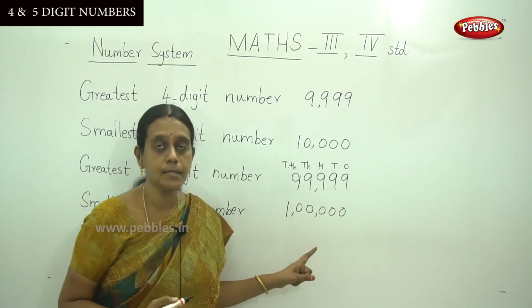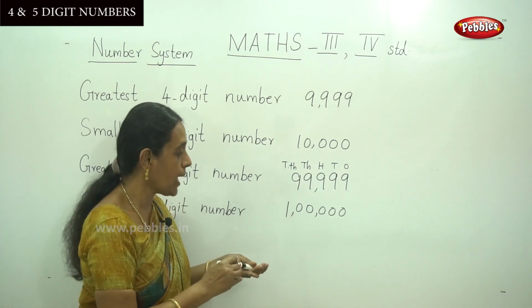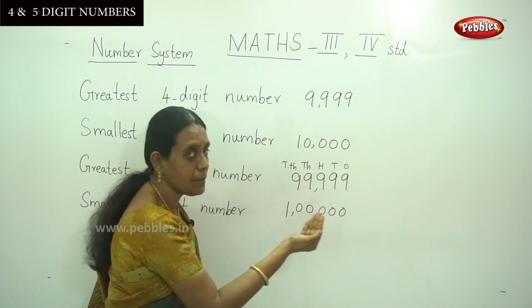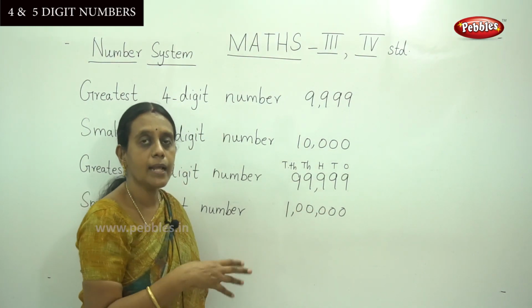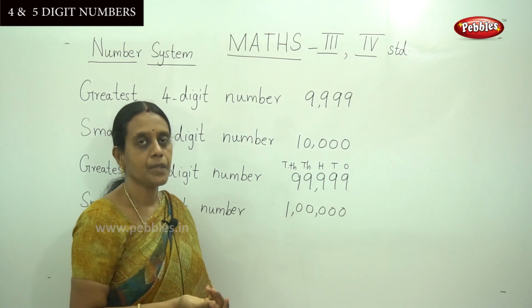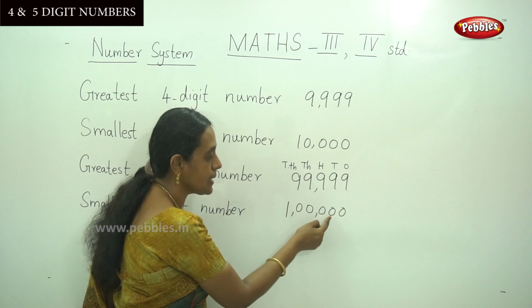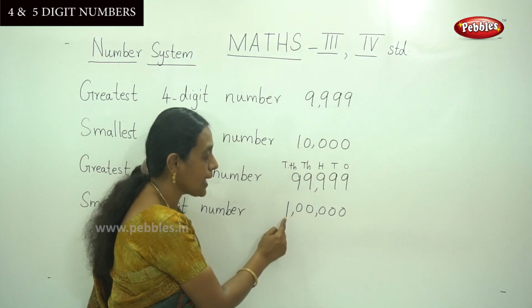In the Indian place value system, you have to mark the comma after you finish the first 3 places. Let me see the next example of how to write numbers in the Indian system as well as the international system. So this is ones, tens, 100, 1000, 10,000 and lakh.